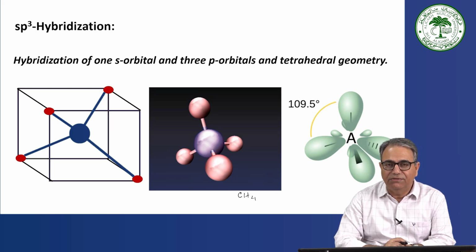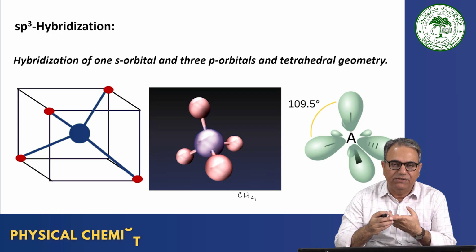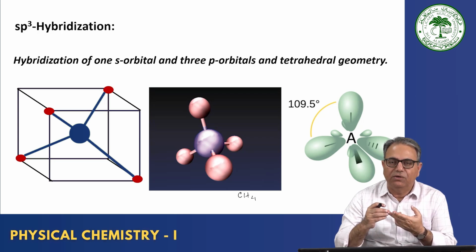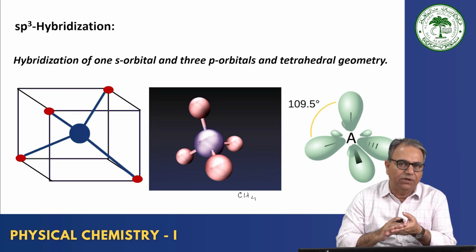So this result tells you that all the hybrid lobes from sp2 hybridization are equivalent. So we found the wave functions of the sp2 hybrid lobes by finding out the coefficients. We found that all these hybrid lobes are equivalent, and we also found quantitatively that these hybrid lobes are in the xy plane at an angle of 120 degrees. So this was the previous module which we talked about.